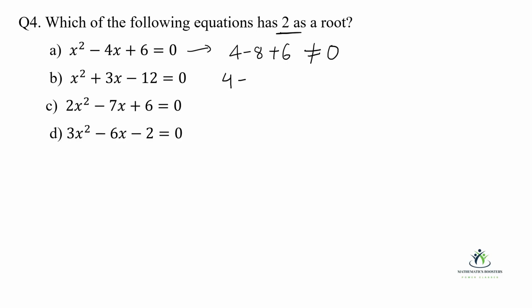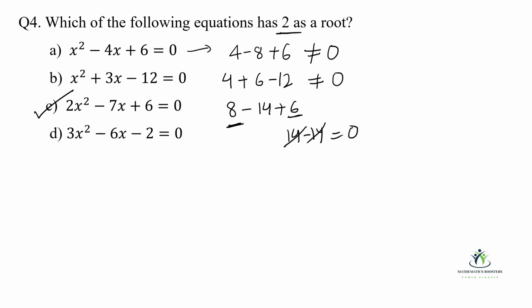This is 4 plus 6 minus 12. This is also not giving 0. This will be 2 square, 4 into 2 8, 8 minus 14 plus 6, 8 and 6 14 minus 14, this is equal to 0. Hence this is the answer. D part, no need to check.